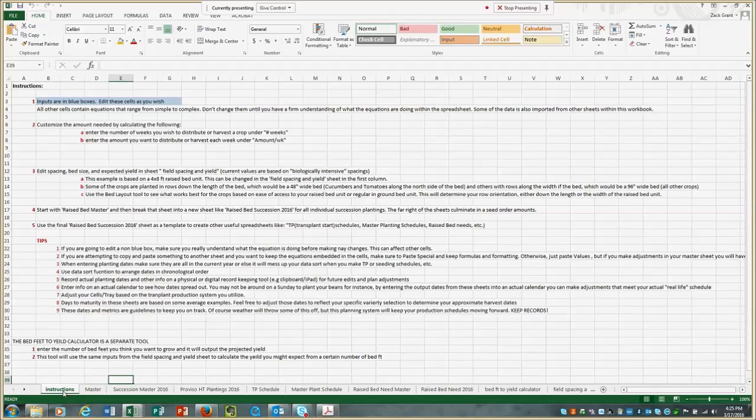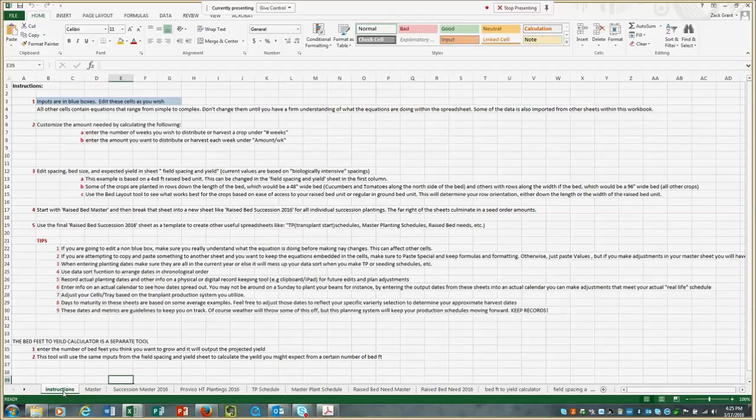And you'll see as we move into the sheets why that is. But if you're really uncomfortable with Excel and you don't want to mess up any of the equations that are embedded in it, you could simply use this by changing the inputs that are in the blue boxes, okay? If you want to be very, very safe about it. Now, all the other cells do contain equations that range from really simple equations, just simple sum equations, or this cell plus this cell, or this cell minus this cell, to complex equations that have if-then statements, or ceiling or floor statements.